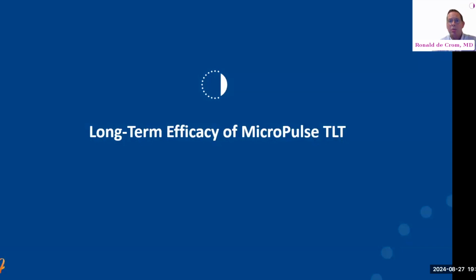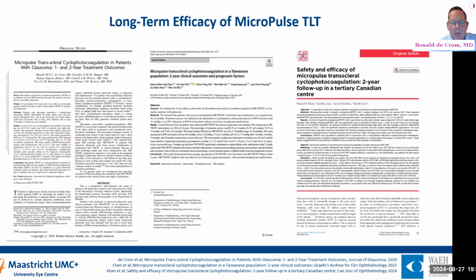And if you look in the literature, and especially the literature about the MicroPulse TLT treatments, there is a lot of publications about a couple of months or year outcomes. And these are 3 articles with 2-year clinical outcomes. And one is from our own group. We investigated the treatment outcomes after 2 years.